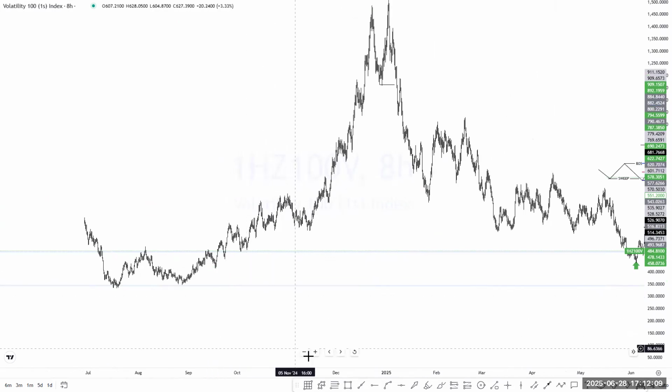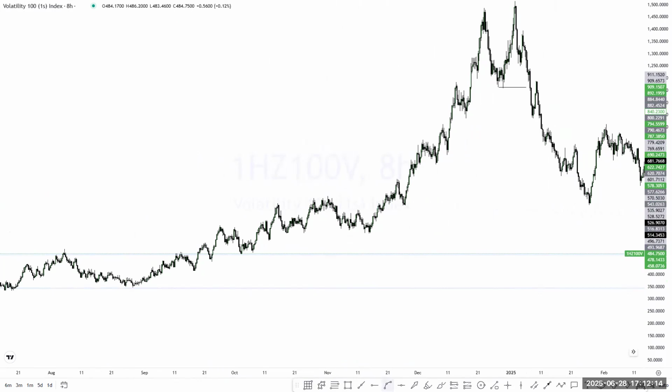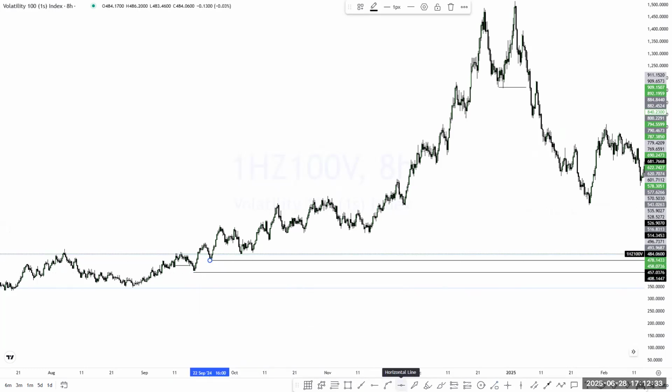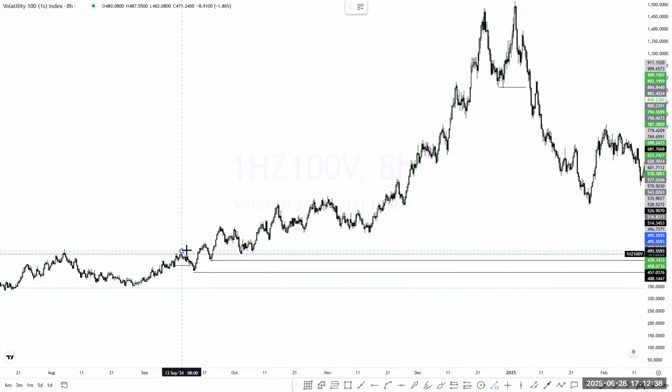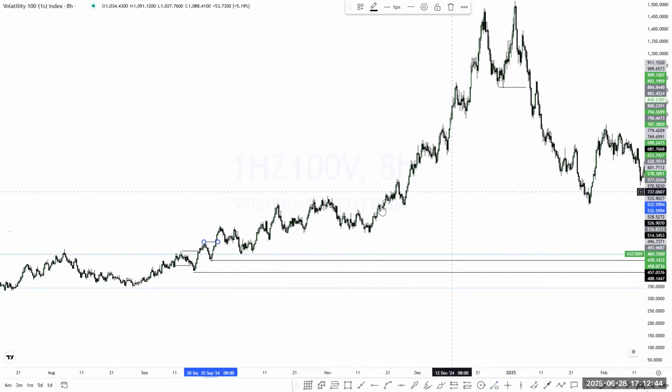We see price giving us a sweep. This becomes our low, and this becomes our inducement liquidity. So we have our break. On this higher time frame SBS, you can see price did a series of breaks of structure, right?